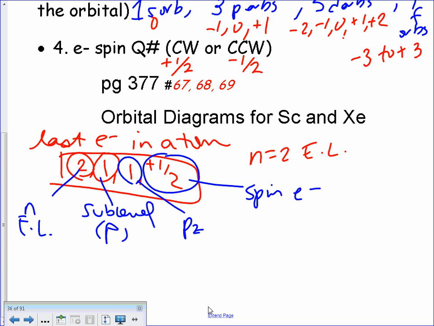So I'm talking about the electron that's spinning up there. If this is the last electron that's put into an atom, which atom is this? It could possibly be, okay, so we're talking about the second energy level, and I'm already at pz, so that means I've already put an electron in px, py, and I'm in pz.